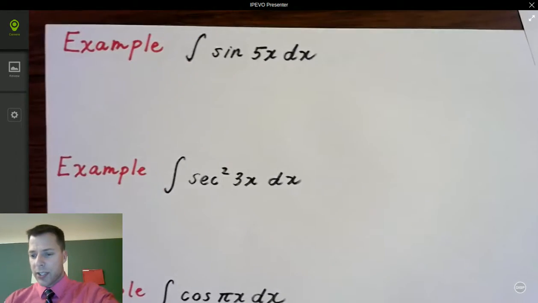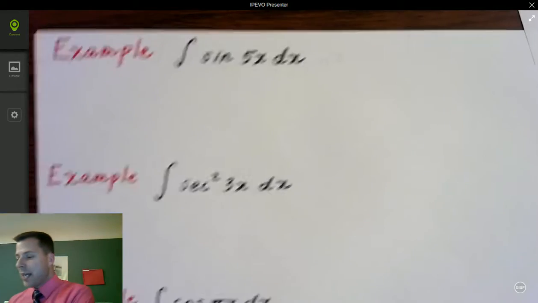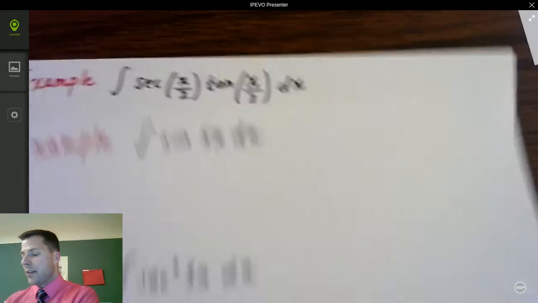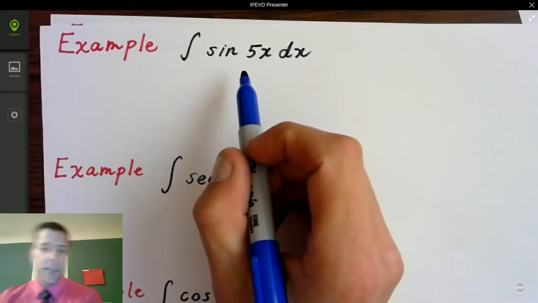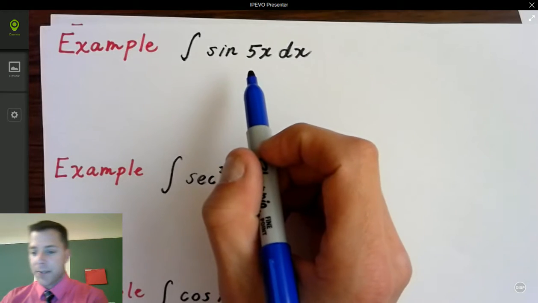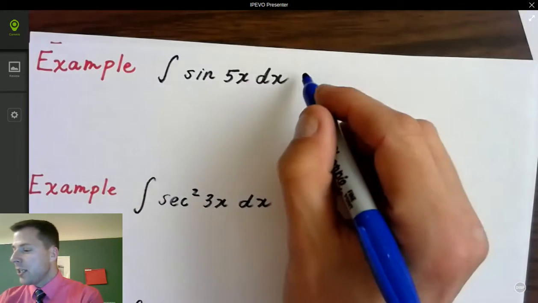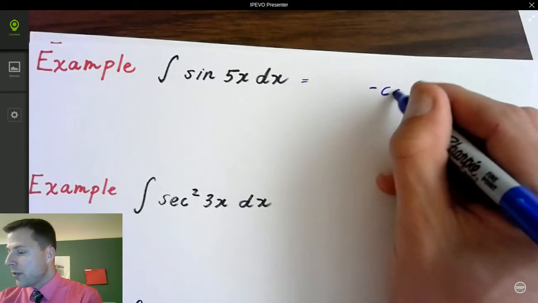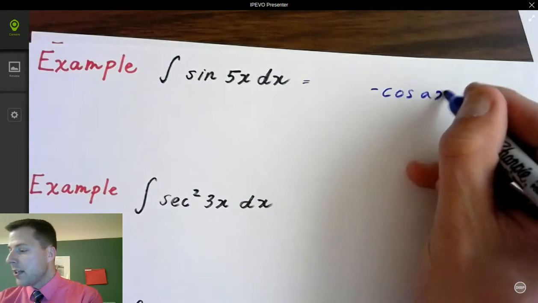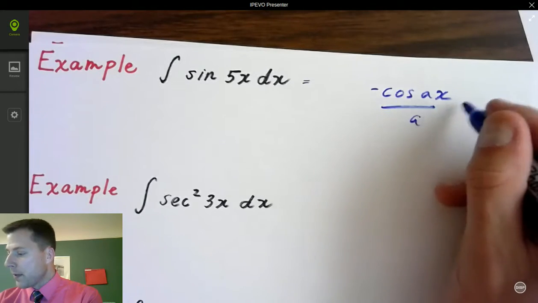Okay, so let's look at an example. Let's integrate sine of 5x dx. Well, if you think about the rule that you're going to use, it's going to be negative cosine of ax over a plus c.